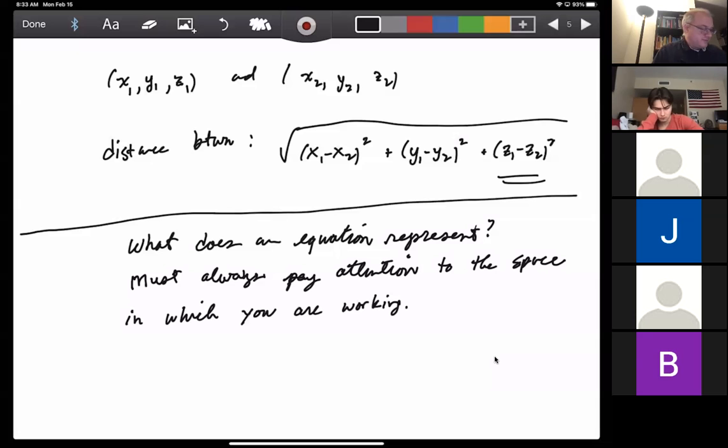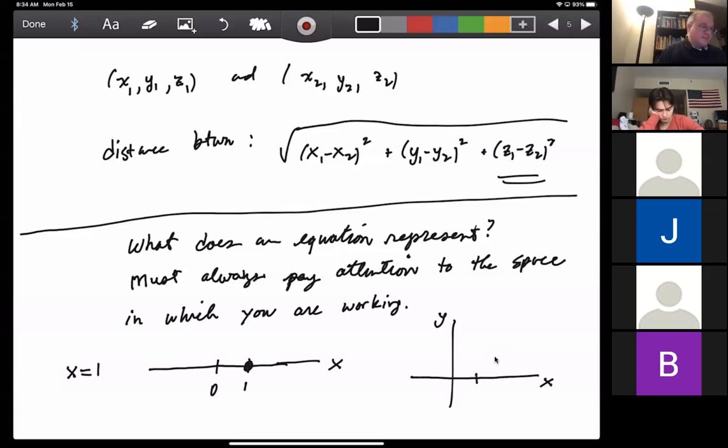Okay, so if I just give you x equals 1, what does that represent? Well, it depends. If you're working in one-dimensional space where all you have is the x number line, x equals 1 is a point on that line. If you're working in two-dimensional space, x equals 1 could go along with any y value, right?